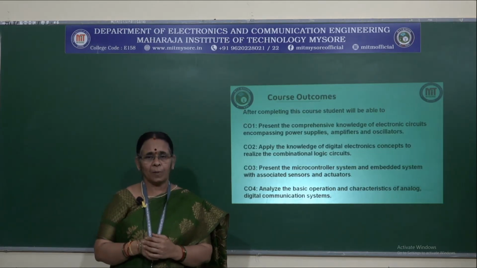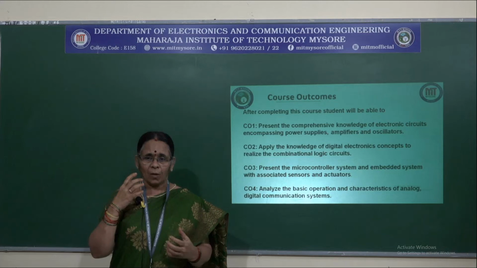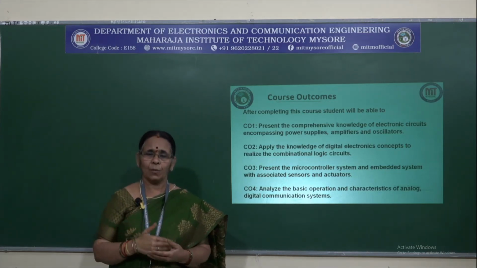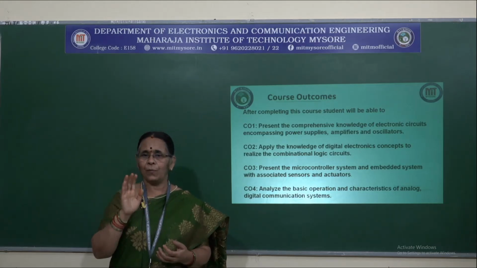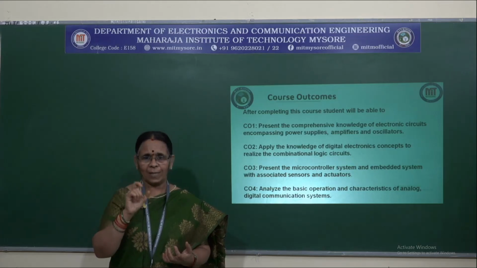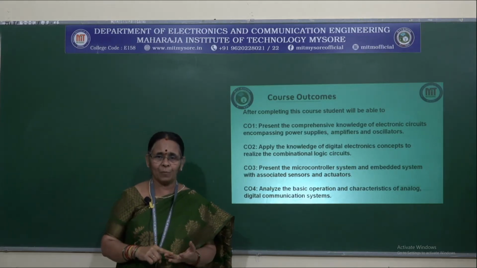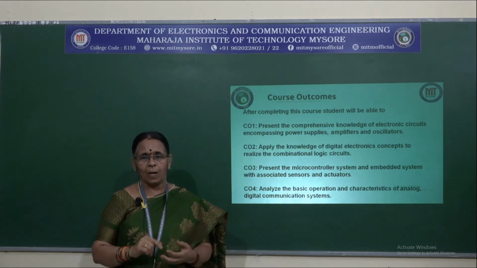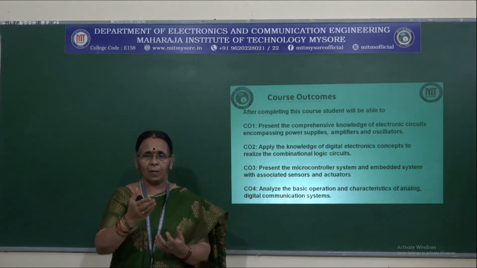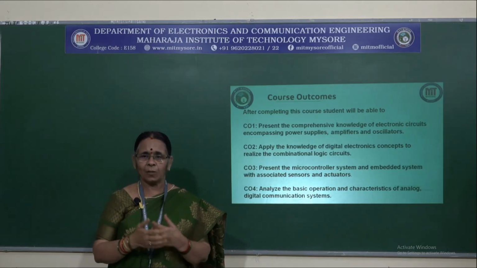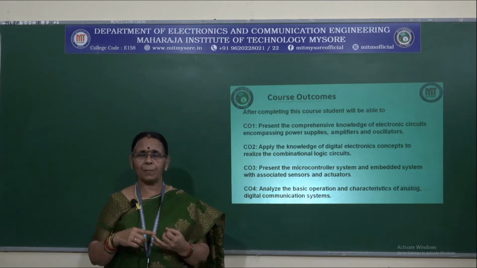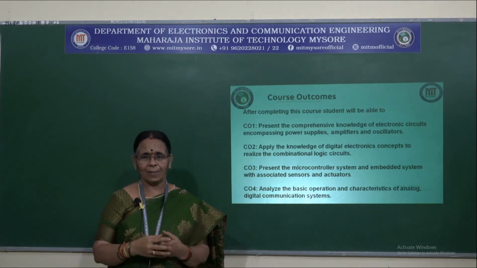After studying all the modules, what knowledge would the student have gained? That we are going to call the course outcome, or CO in short. Here we have 4 course outcomes: CO1, CO2, CO3 and CO4. After completing the analog circuits, you will be able to present comprehensive knowledge of electronic circuits encompassing power supplies, amplifiers and oscillators.